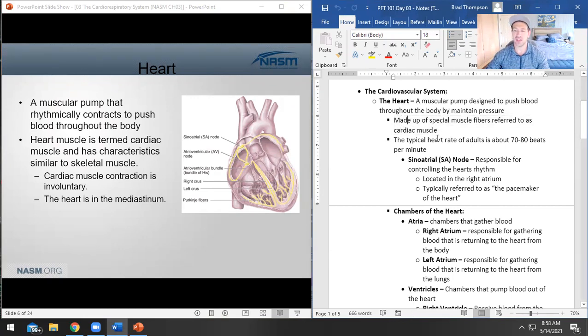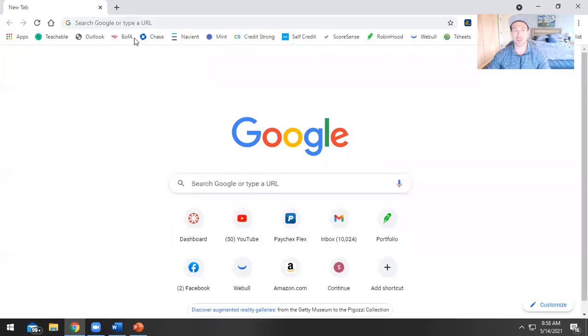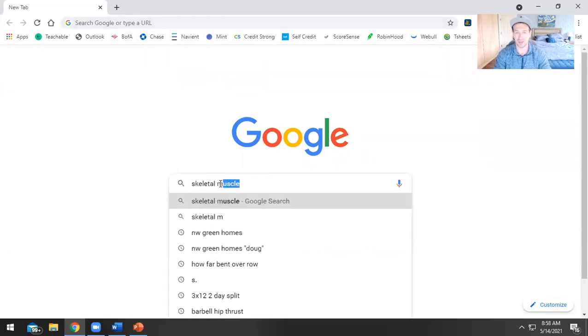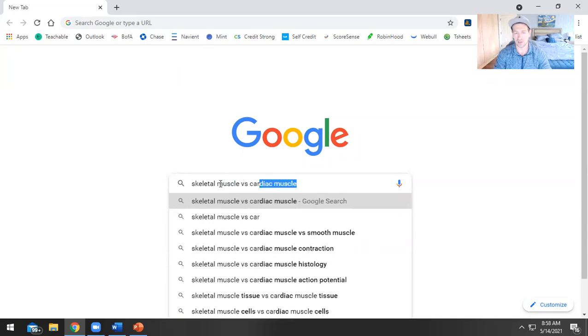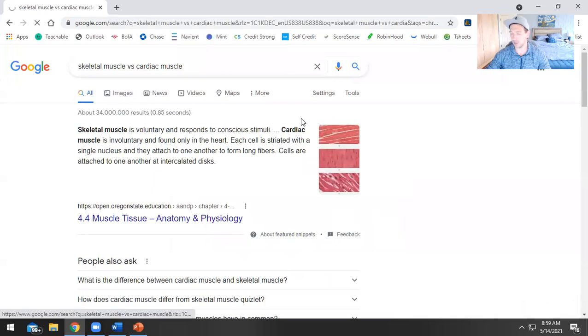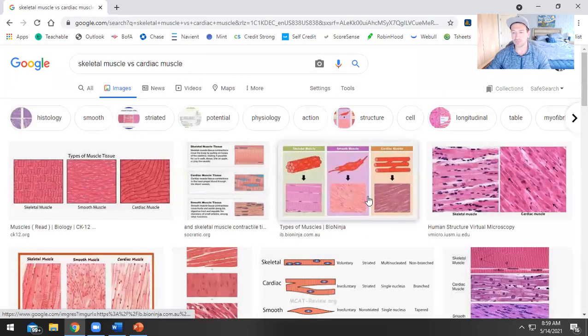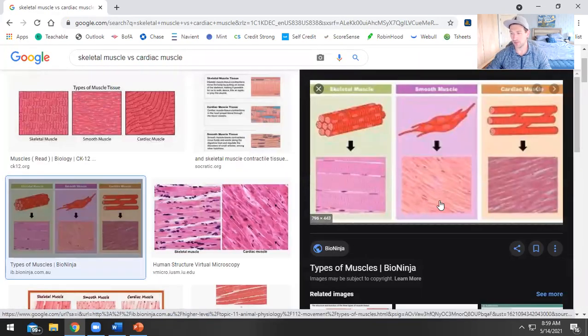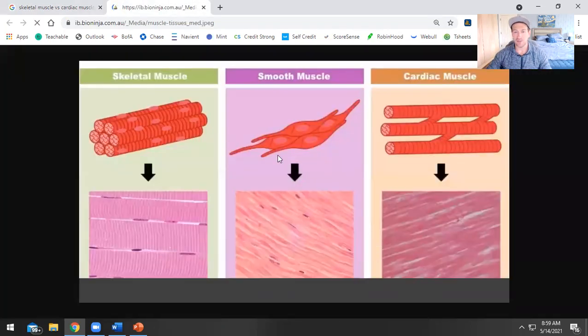Those special cells look very similar to skeletal muscle. If you look at the difference between skeletal muscle versus cardiac muscle, you'll see they're somewhat similar. You've actually got three different types of muscle fibers inside of your body. You can see if you look at them, right?